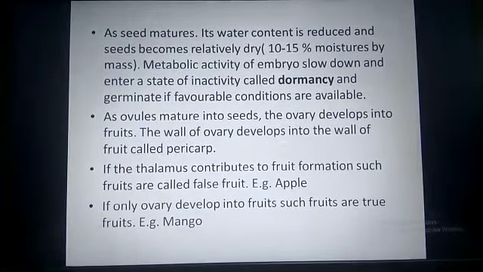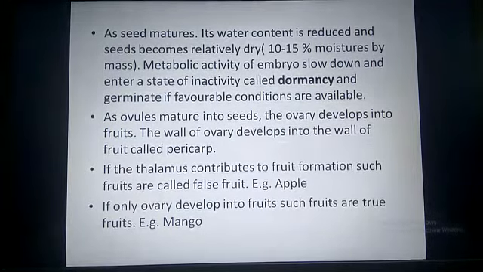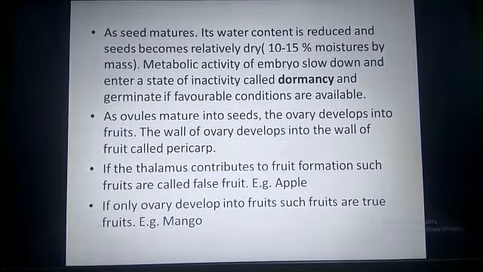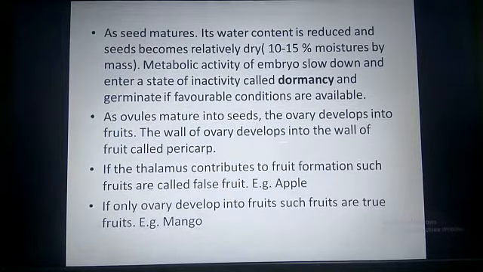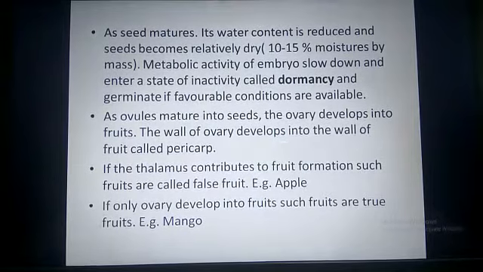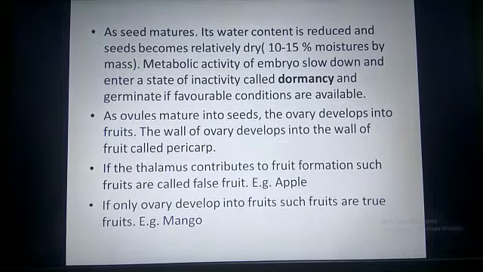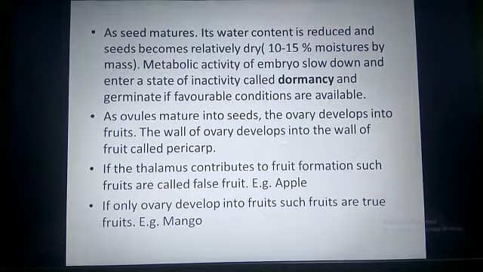During dormancy, the seeds remain inactive, but they become active and germinate if favorable conditions are available. What are the favorable conditions? Like availability of suitable temperature, humidity, water, air or oxygen, etc.